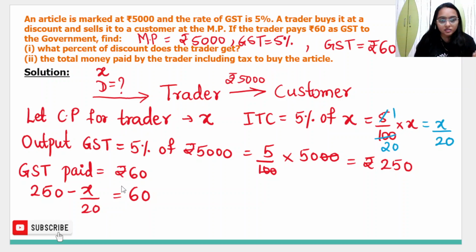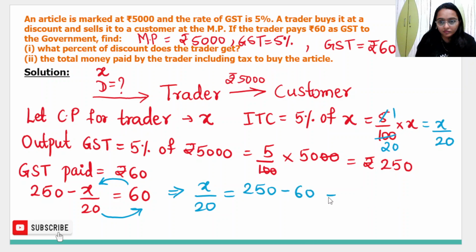Now to find X, we take it over to the other side. You take 60 over here and X upon 20 over there. So when you simplify, you get X upon 20 equals 250 minus 60. When you subtract, 250 minus 50 gives you 200, and then minus 10, which is 190.